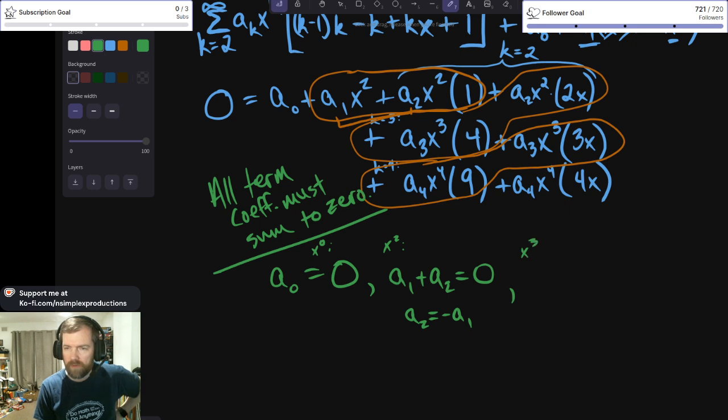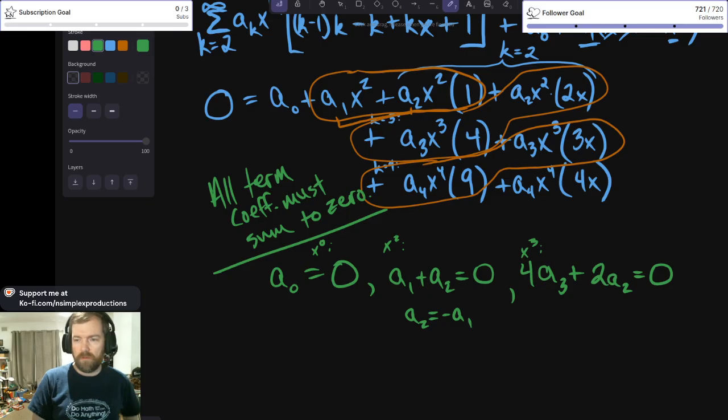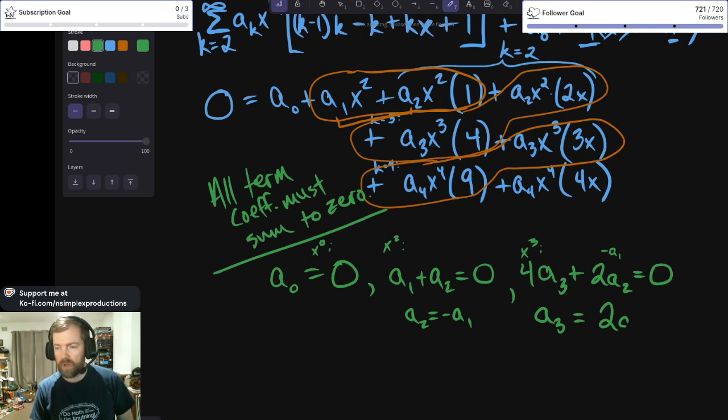In x cubed, we have a4, a3, plus a2, a2, which must sum to 0. And since a2 is negative a1, we can move it over to the other side. A sub 3 is going to be equal to, this is negative a1, so negative 2a1, add to the other side is going to be 2a1 over 4, so therefore this is 1/2 a1.